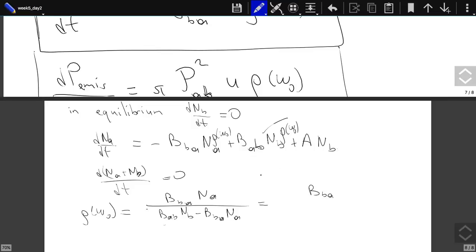So we have, yes, divided by B. Numerator should be minus. A and yes. No, this was true.